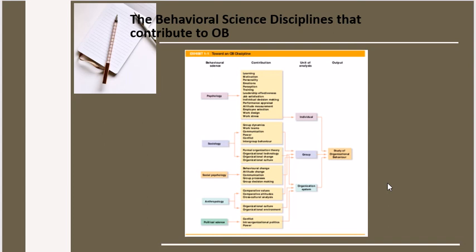So that means micro level of analysis, while the other disciplines are macro concepts, such as group or organization. So our analysis of group and organization is macro analysis, while the individual is the micro level of analysis.